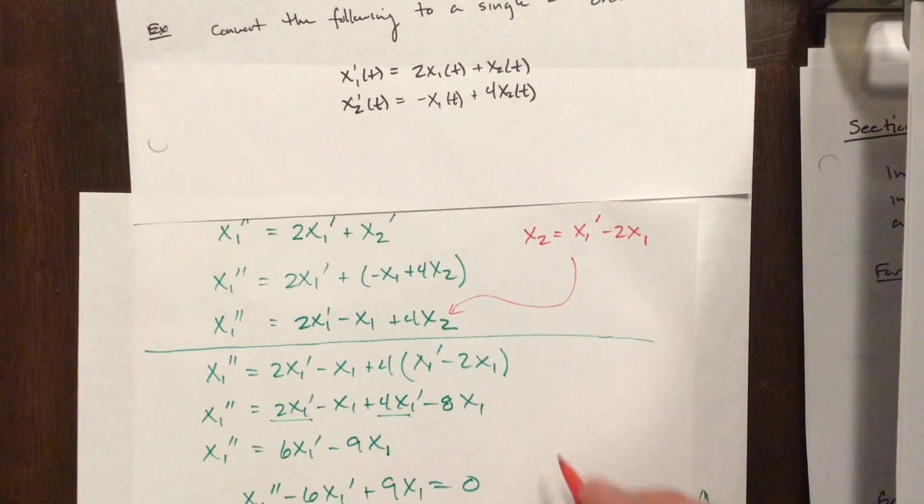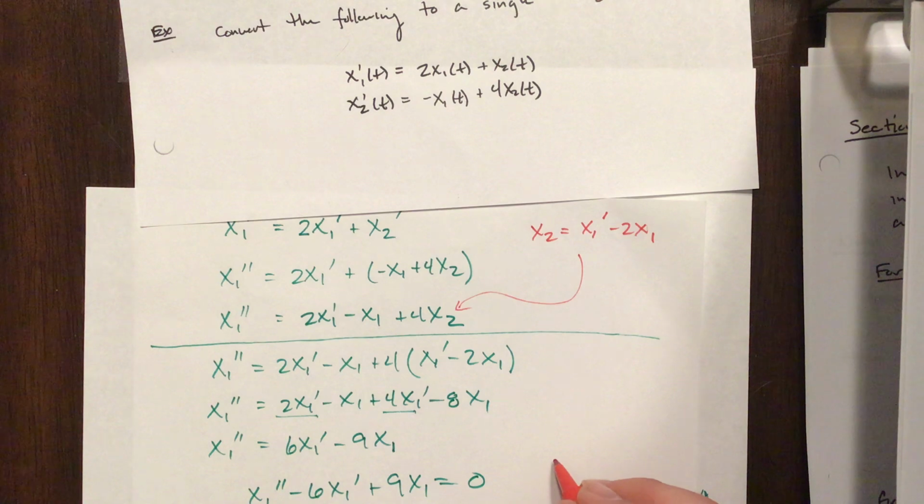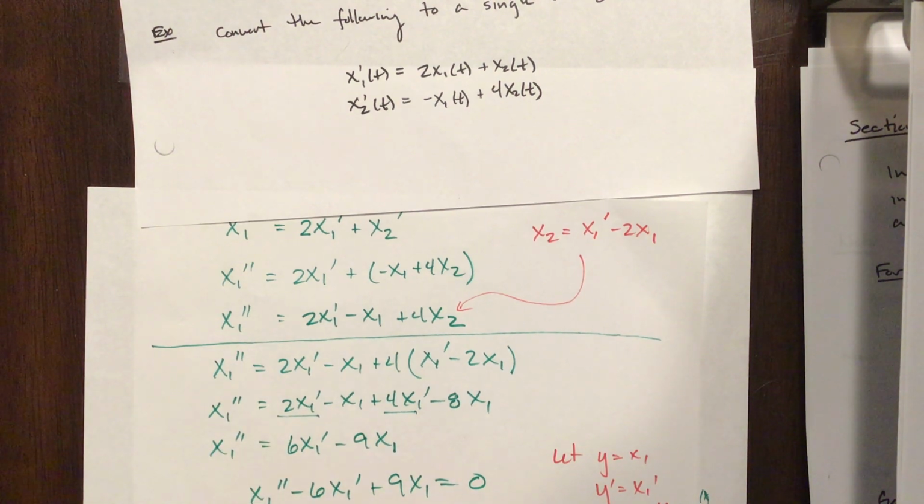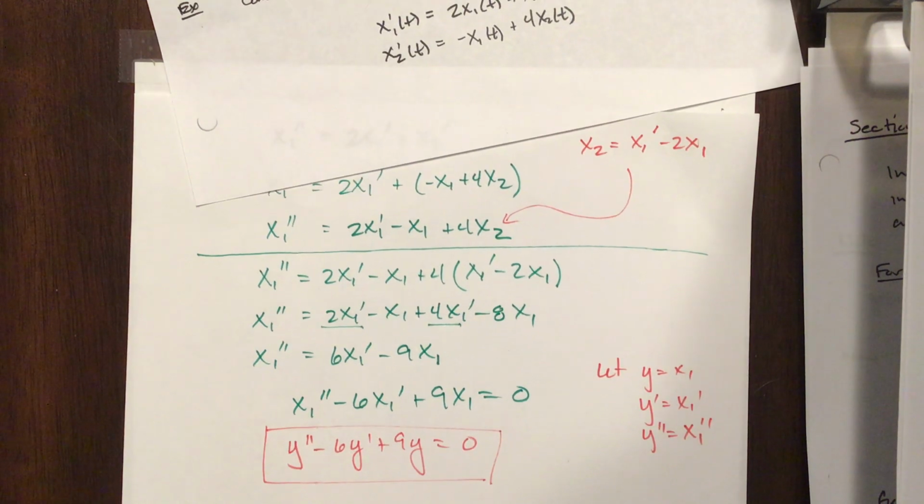Now, just to make it clear that this is a second order differential equation, let y equal x1. Then what's y prime? And what's y double prime? Well, making this substitution in red, this is y double prime minus 6y prime plus 9y equals 0. And there is your one second order differential equation.